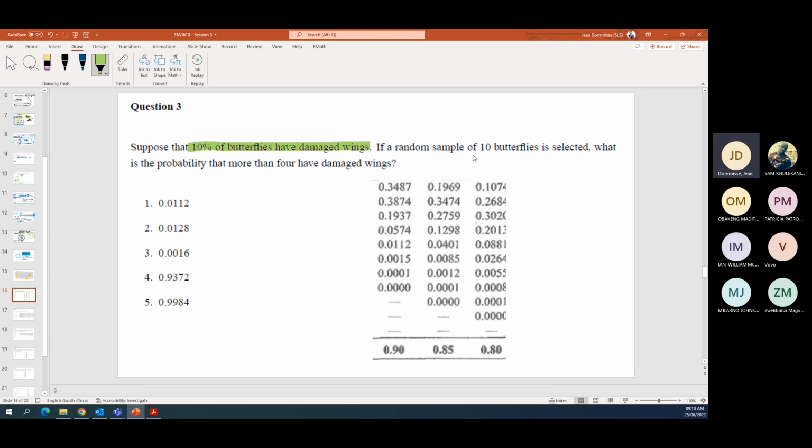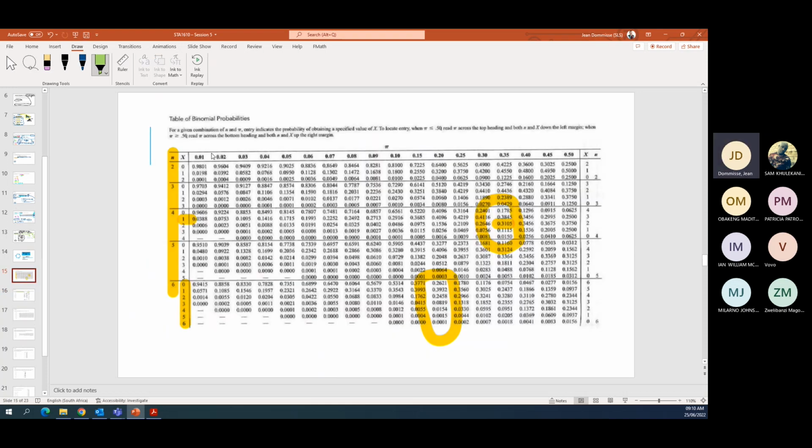If a random sample of 10 butterflies is selected, what is the probability that more than 4 have damaged wings? Here you would see the 10 in this table.